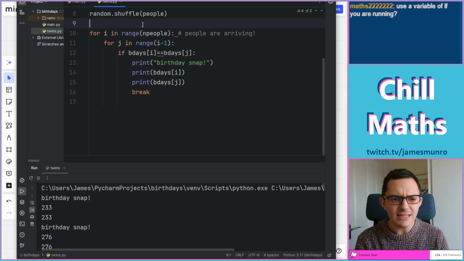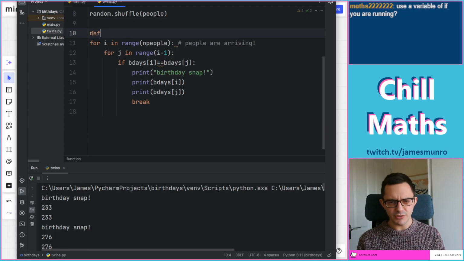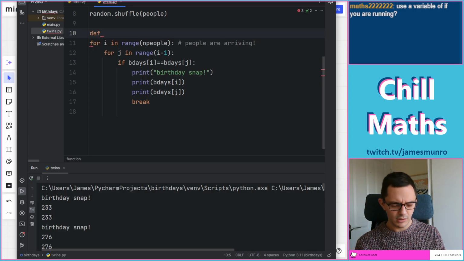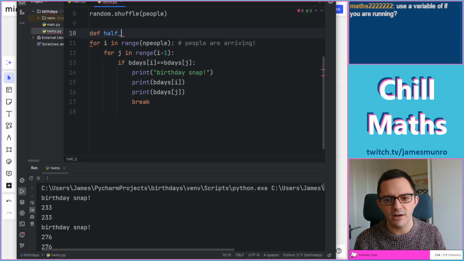Yeah, it really is a function, isn't it? I just want it to stop all computation and tell me a number. That's really a function. So this should just be wrapped in a def thing, I think. It's a sort of 50% stop, so it defines a half chance thing.